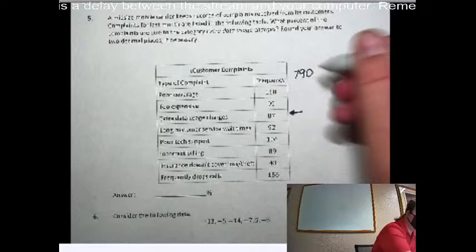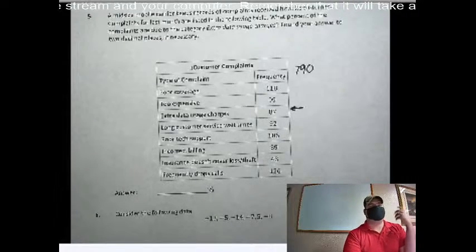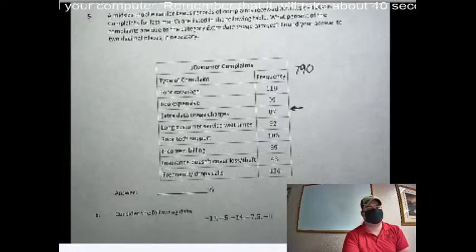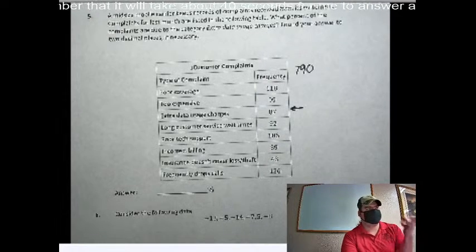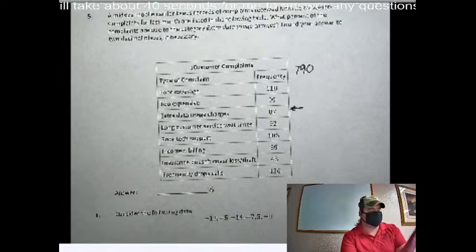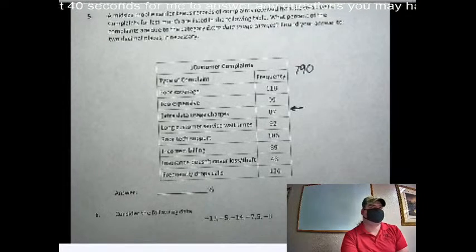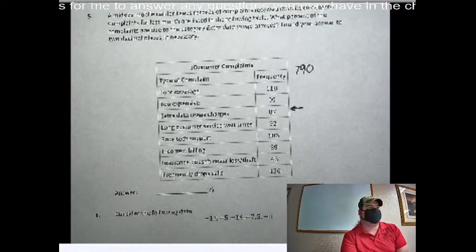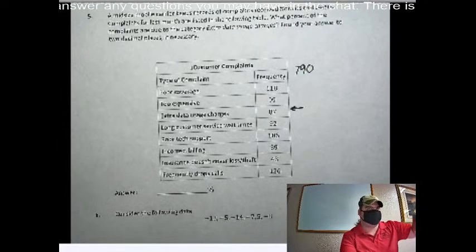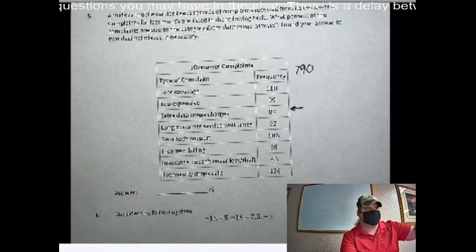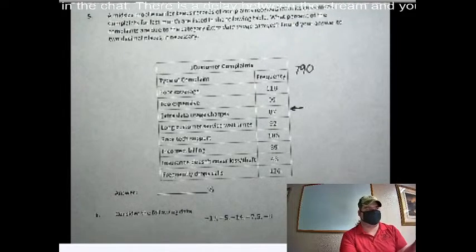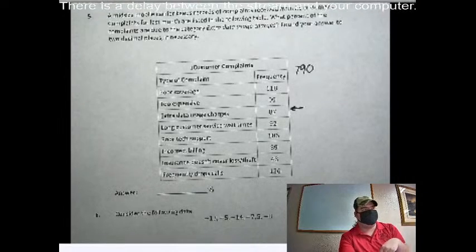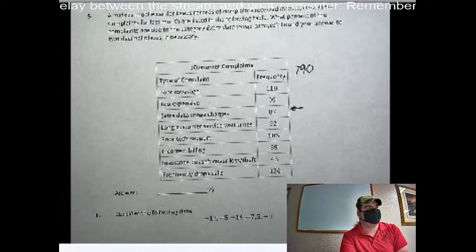Now, is 87 the part or the whole? Yeah, it's a part. So you could multiply that one by 100 and then divide by 790. That's one way to do it. You could also do 87 divided by 790 and then multiply by 100.